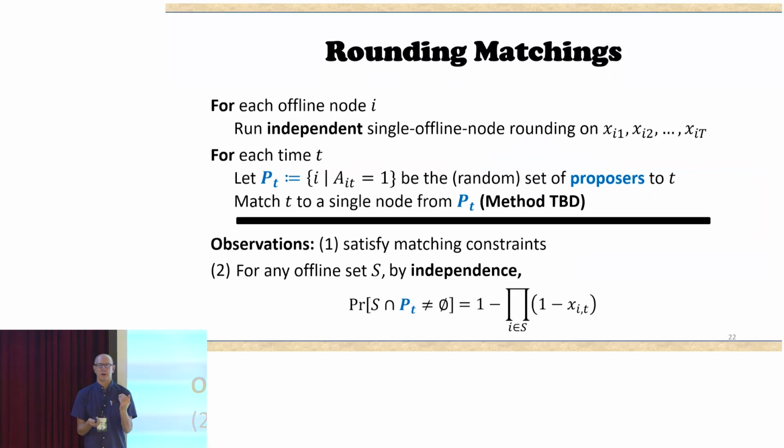Now remember, the case of a single offline vertex is lossless, so each edge for each I is going to be picked with probability x_it. So the probability that the intersection with S is non-empty is 1 minus the product of 1 minus x_it.